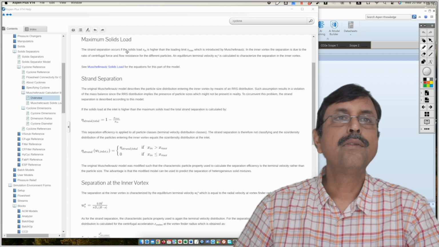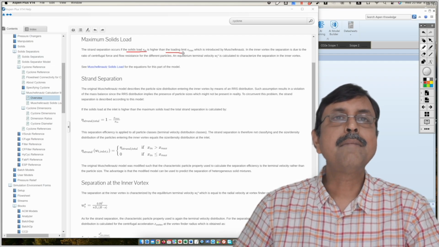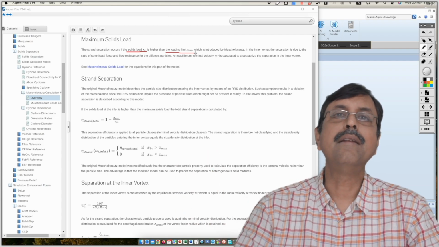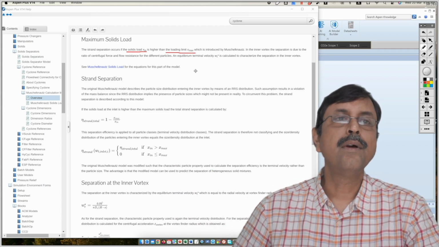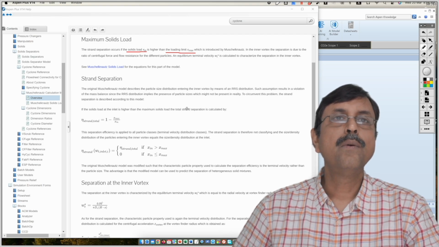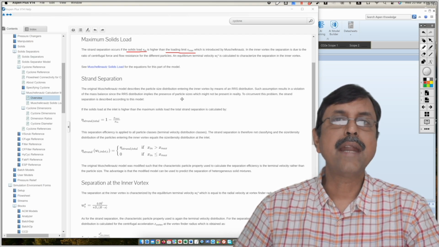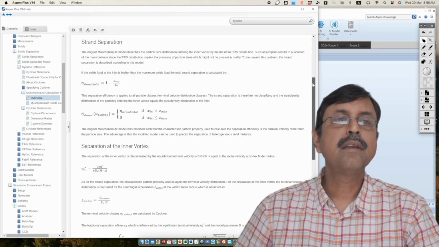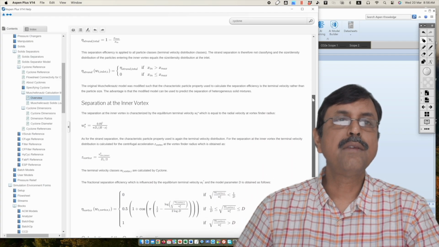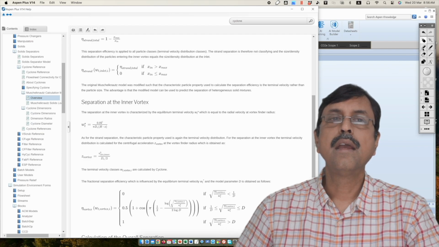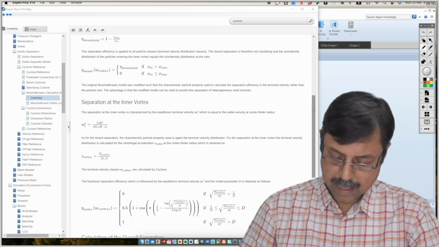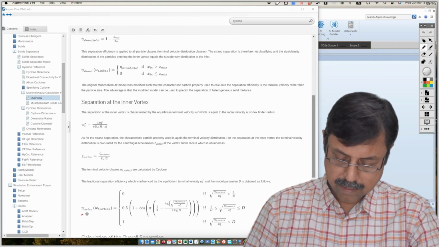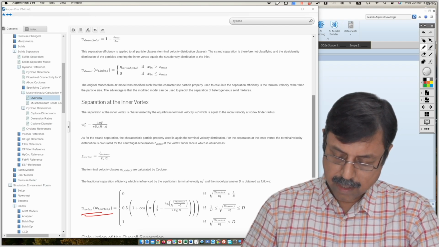So solid load is given by x in, and maximum solid load, the loading limit, is x max. So x max by x in, 1 minus that will be the strand efficiency. And what is vortex efficiency? Vortex efficiency will be given by this particular equation.